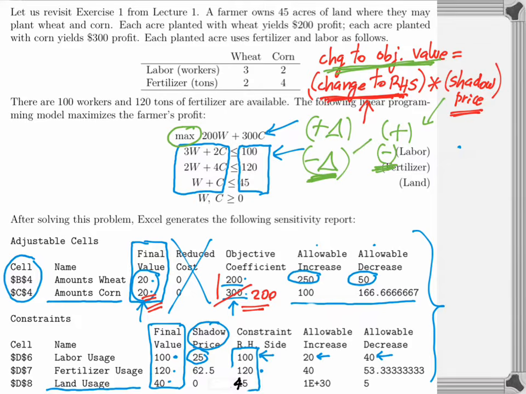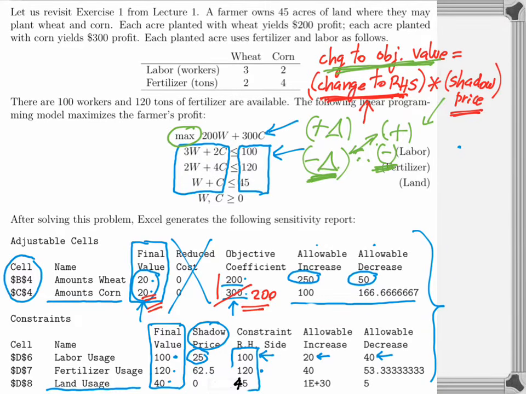Or likewise, if I have a constraint with a positive shadow price and I'm changing its right-hand side down, meaning the change is negative, negative times positive will result in a negative impact to the objective value. And if I were minimizing, I would like that.